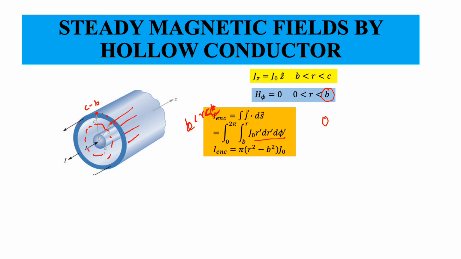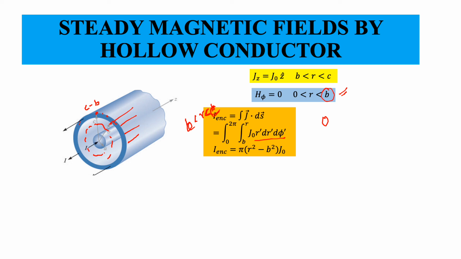Because 0 to b has no contribution, so you have the integration limit from b to r. Now integrate this one, and you will get the current enclosed as pi times r square minus b square, into J naught.